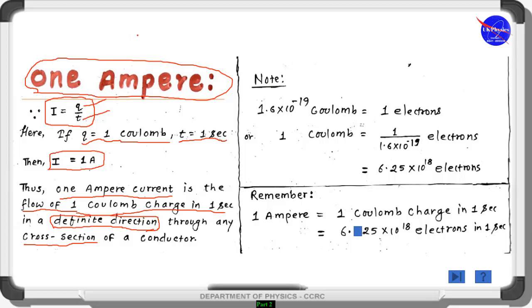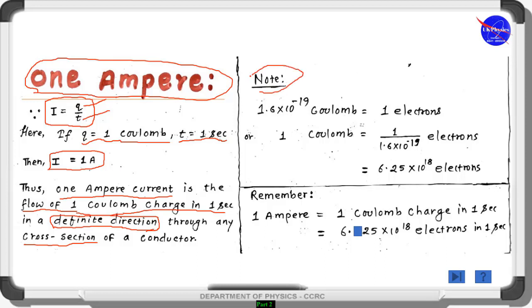So this direction of flow of current is a definite direction that you can suppose. So simply, 1 ampere current means flow of 1 coulomb charge in 1 second in a definite direction through any cross section of a conductor. This definition of 1 ampere current is important because it is frequently asked in our board exam.